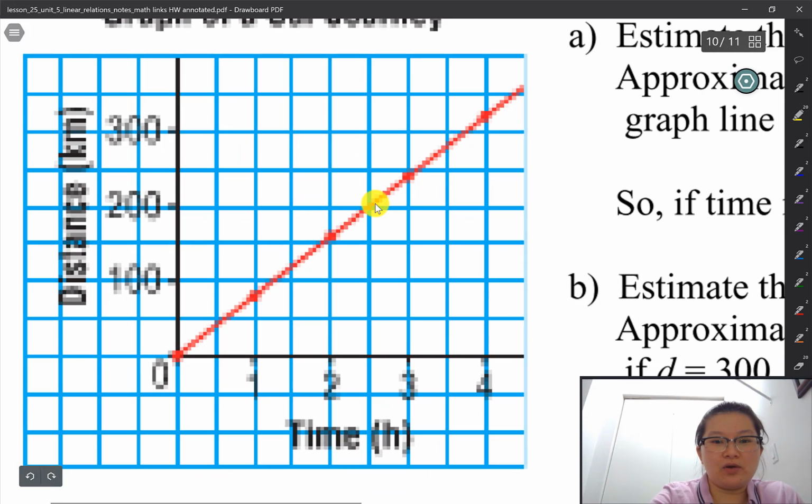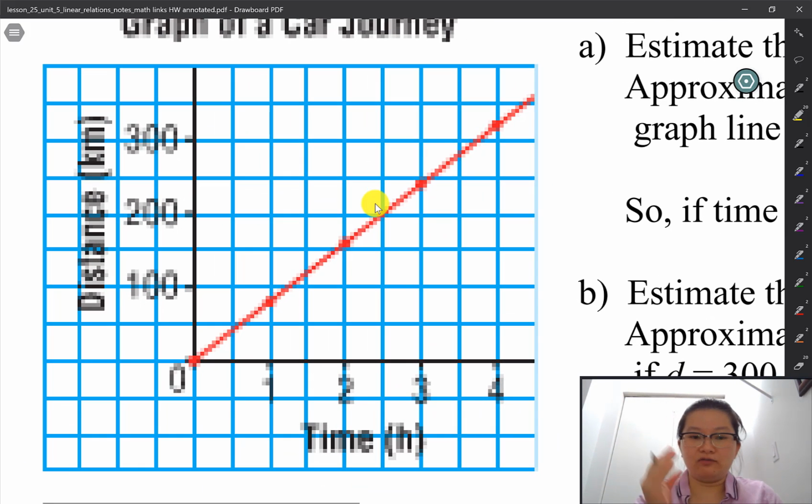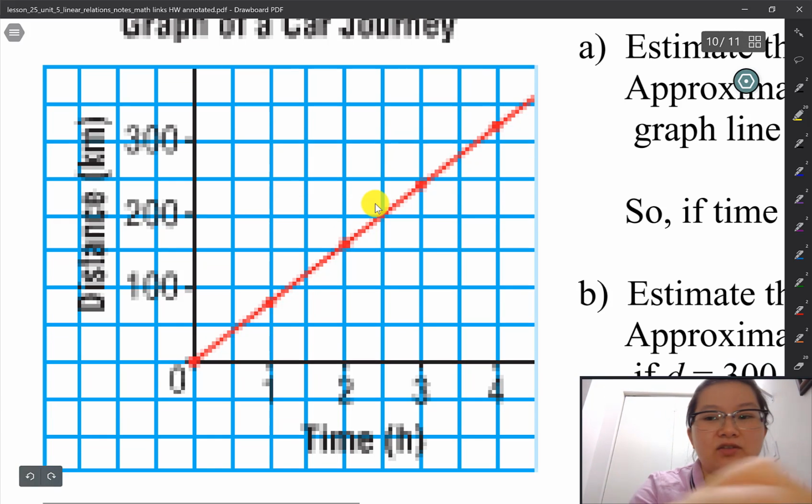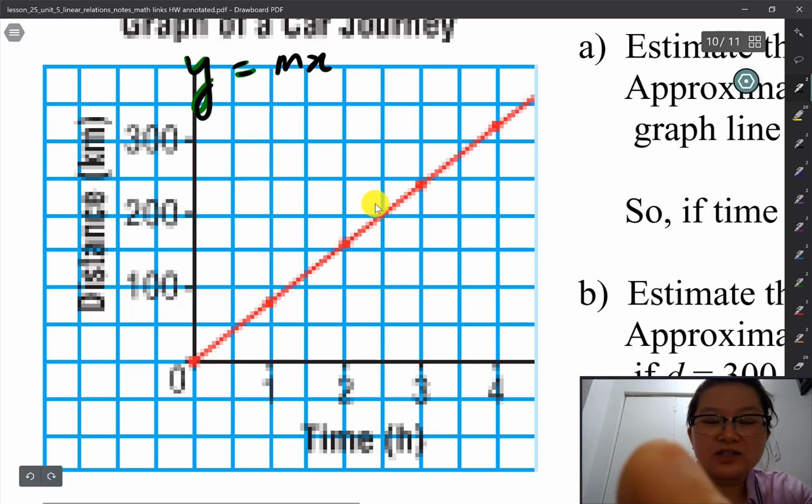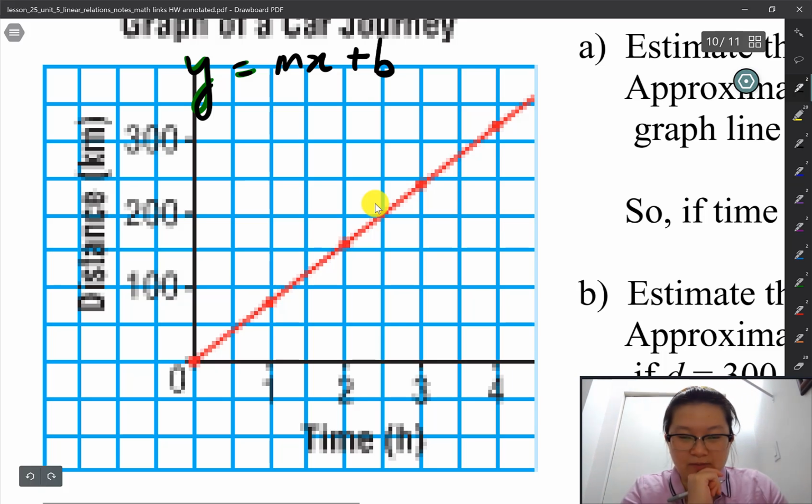So what we want to do is convert this graph to slope Y-intercept form. And just a quick recap, your slope Y-intercept form looks like this: y is equal to m for your slope, x for your x values, plus b, which is your Y-intercept.